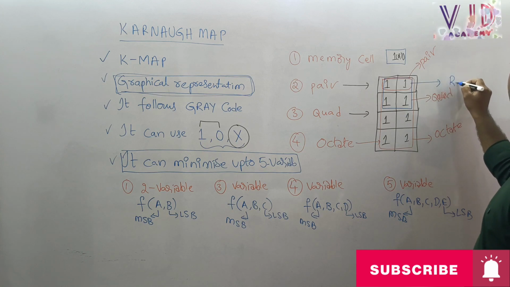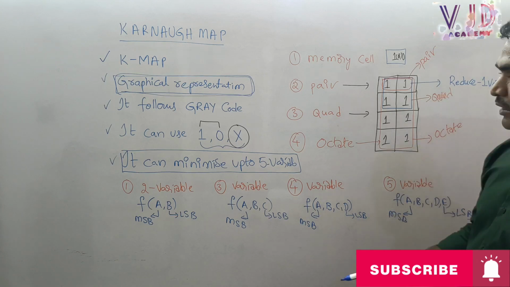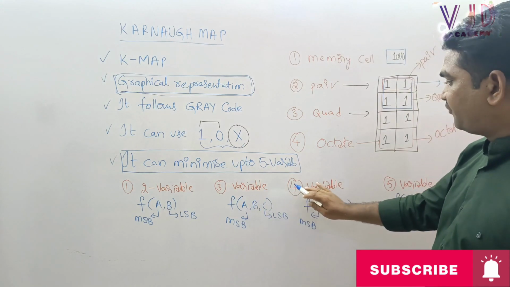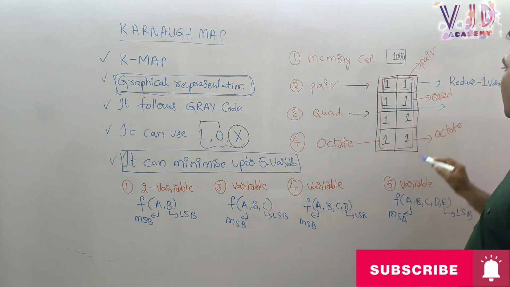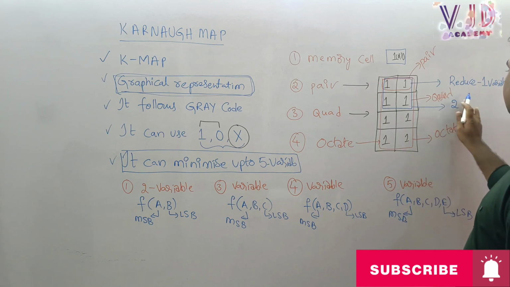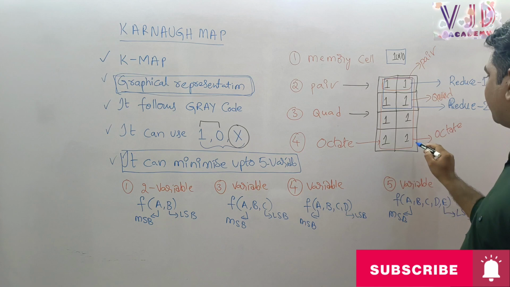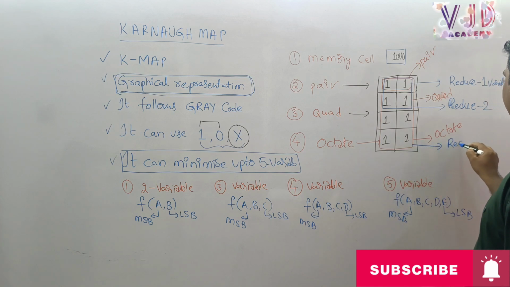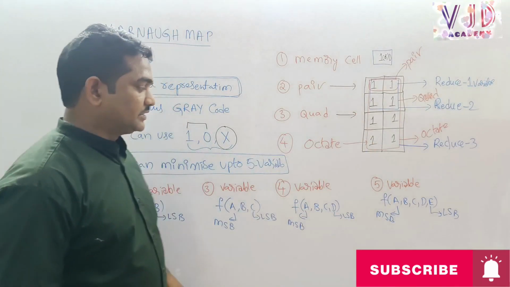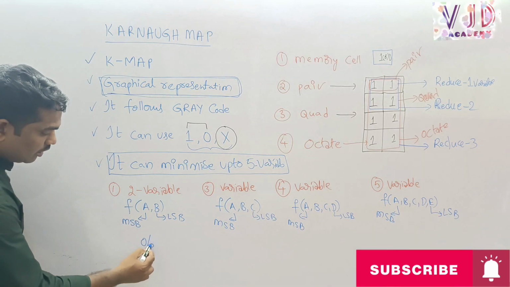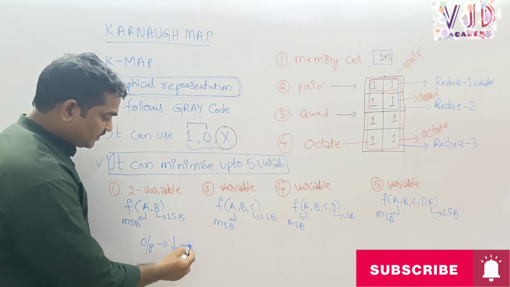And while solving these 2 variable, 3 variable, 4 variable, 5 variable K-maps, if we can make a quad, we can reduce 2 variables, and if we can make an octet, we can reduce up to 3 variables.